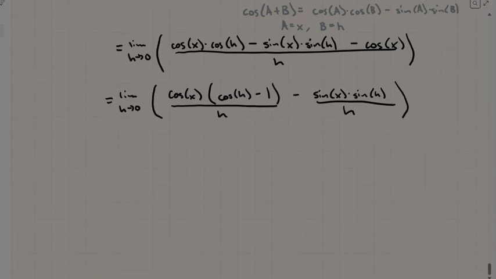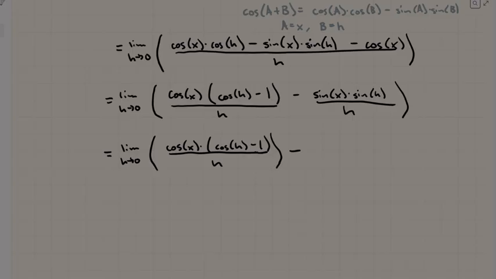Okay. All right. So now we want to split this into 2 terms, 2 limits. Let's do that step first. So we're going to have the limit of cosine x times cosine h minus 1 over h. Now we're subtracting, because we have a subtraction sign, the limit as h approaches 0 of sine x sine h over h.